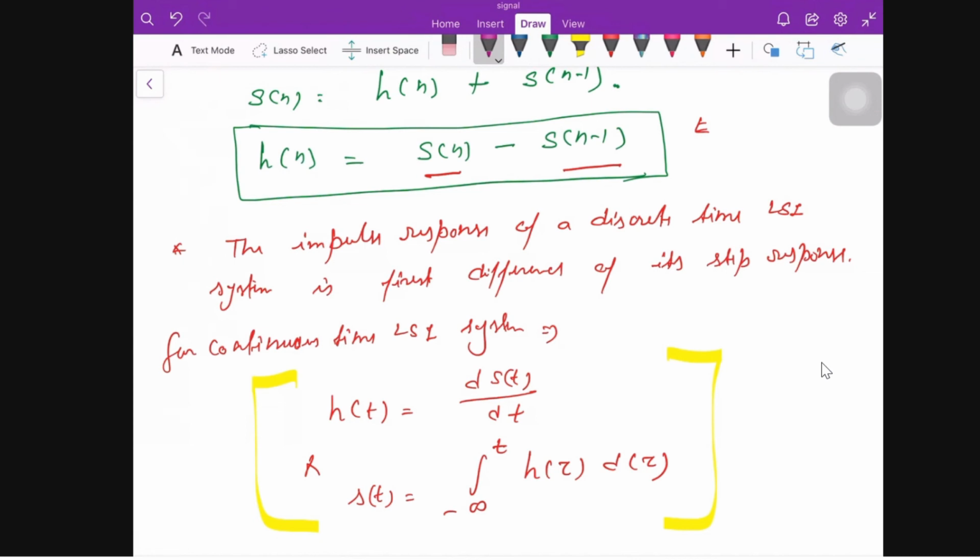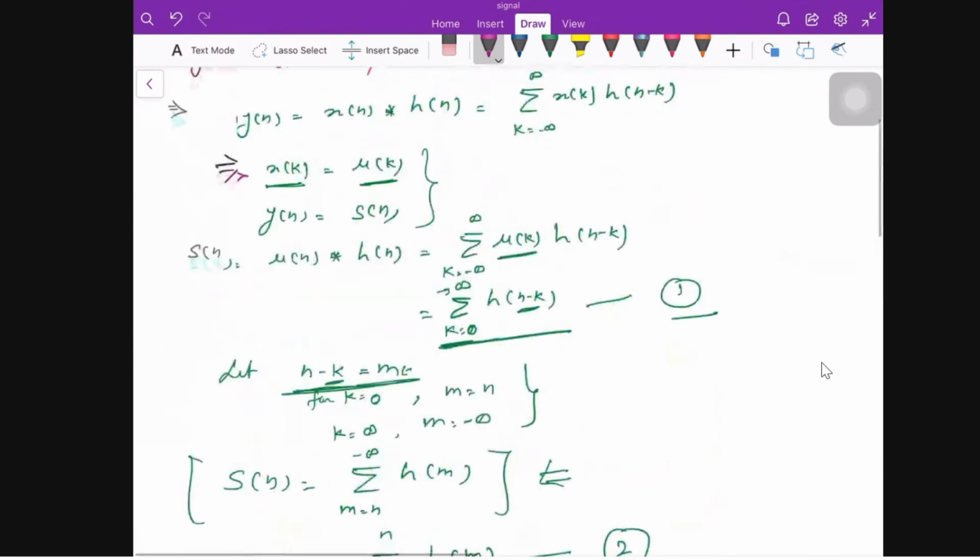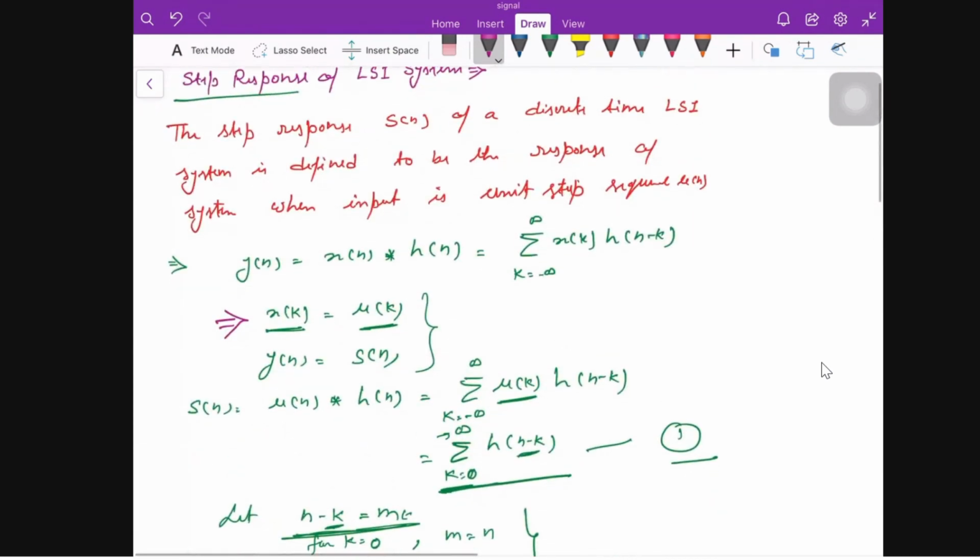Okay, so in this way what we have done, we have taken the first generalized equation yn equal to xn convolution with hn. And we know the formula of convolution over here. Now according to the definition we have to put the input as a unit step. So in this equation we have put x equal to uk.